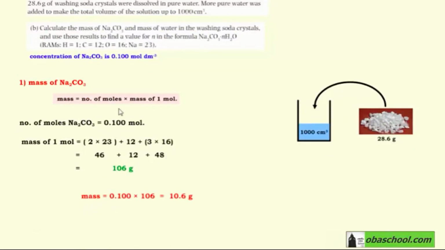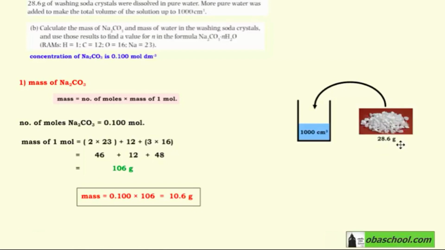It is 0.1, which is the number of moles, multiplied by the mass of 1 mole, which is 106 grams, equals 10.6 grams. So this is the mass of sodium carbonate in 28.6 grams of washing soda crystals.